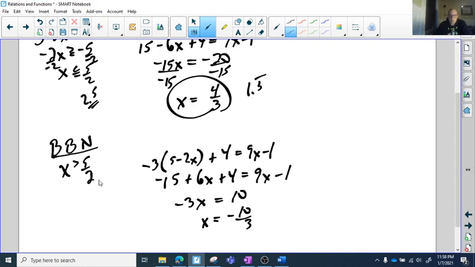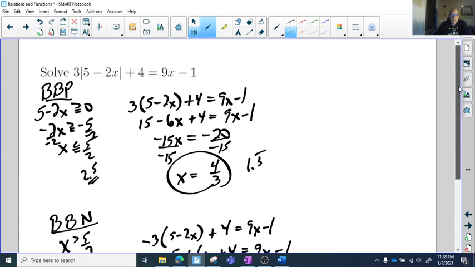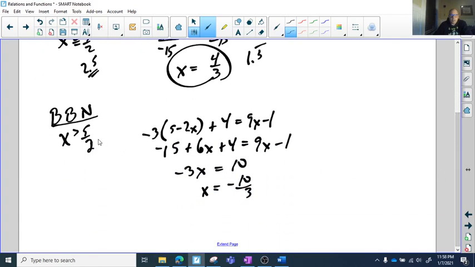But unfortunately, negative 10/3 is not larger than 5 halves. So negative 10/3 doesn't give us the negative version of this. So I'm going to have to cross that out and call it an extraneous solution. So I only had the one solution, x is equal to 4/3.